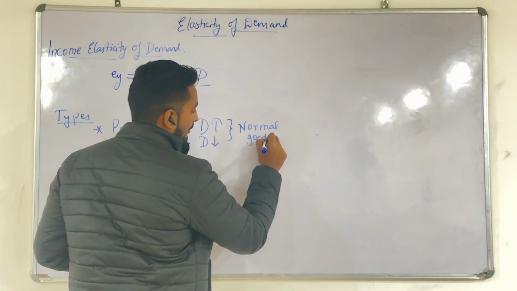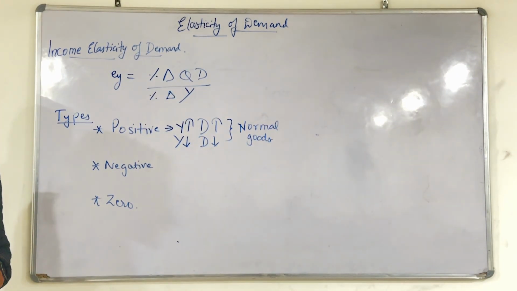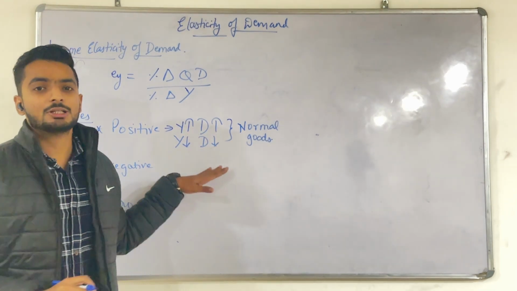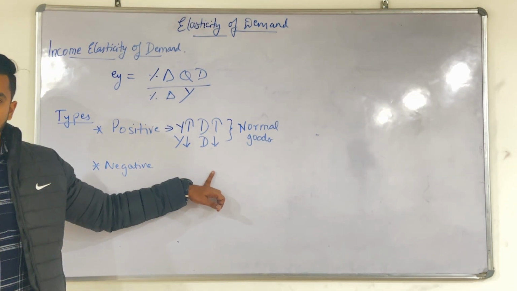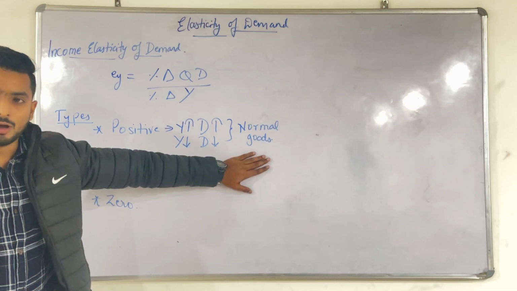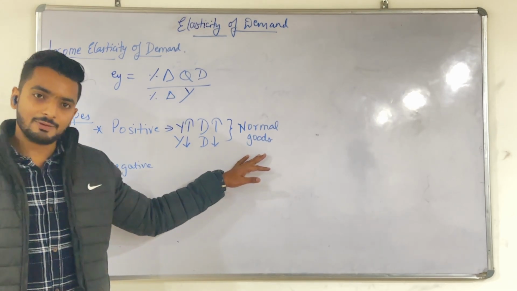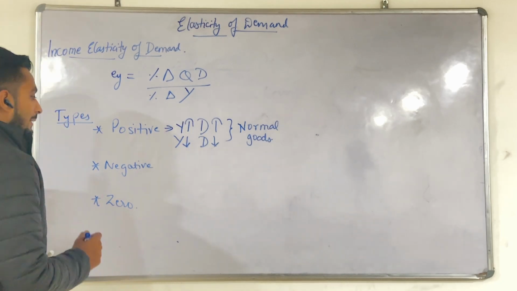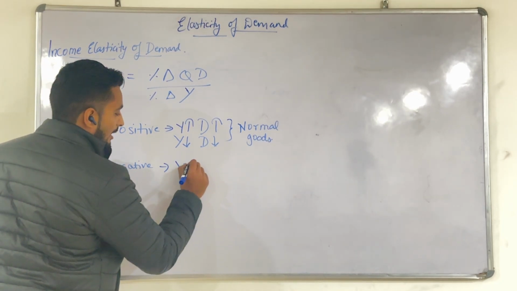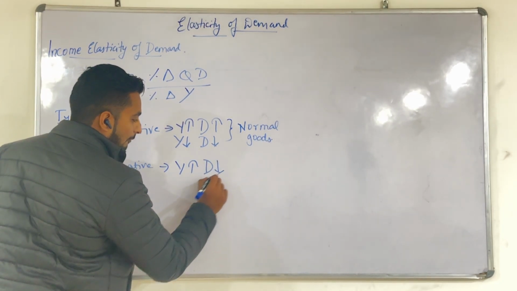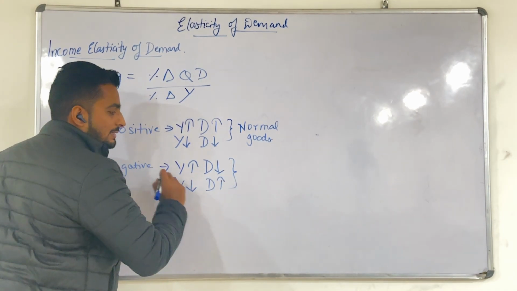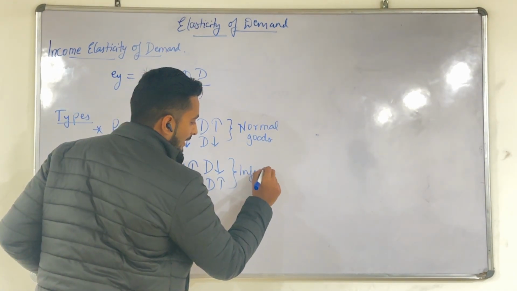Normal goods are those goods where demand increases with an increase in income and falls with a fall in income. Understood? Like AC, car, TV, you can only purchase if your income is more.